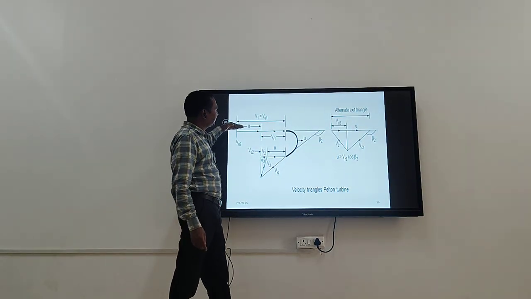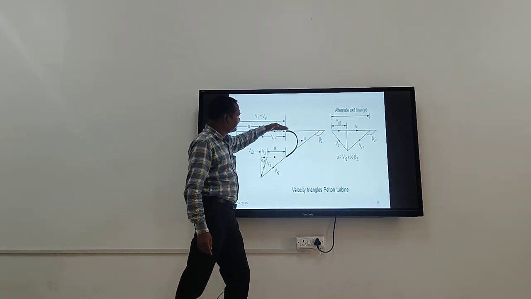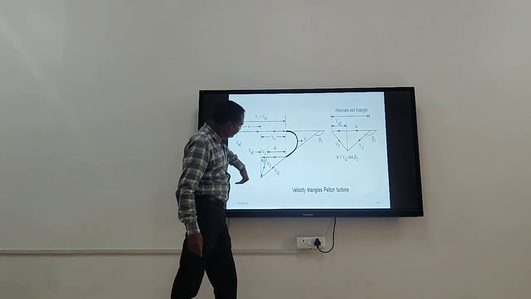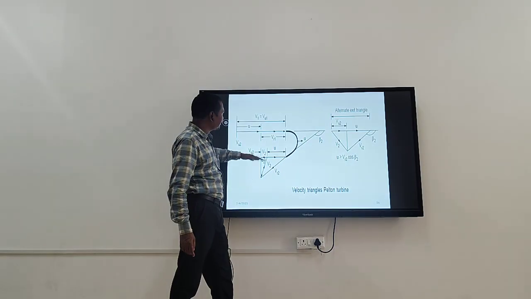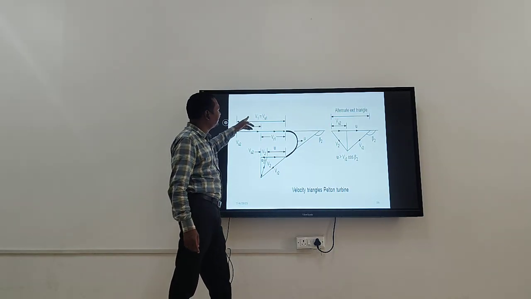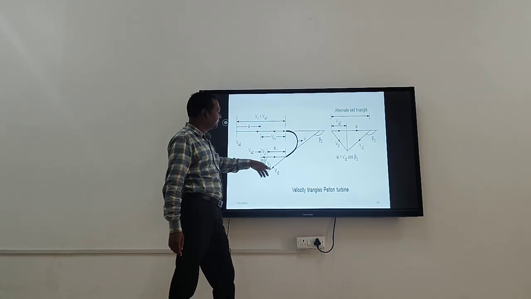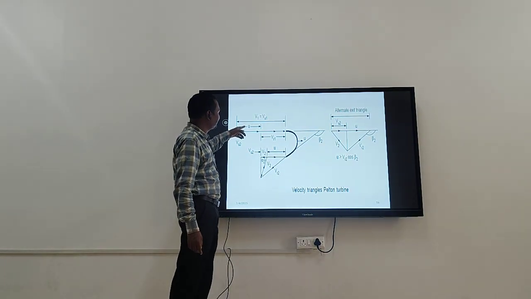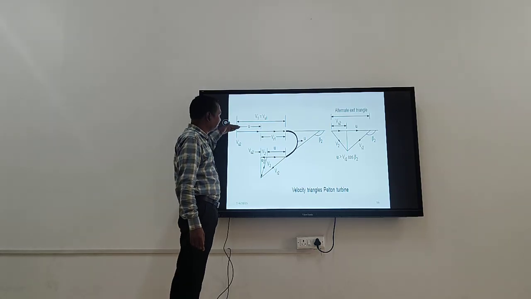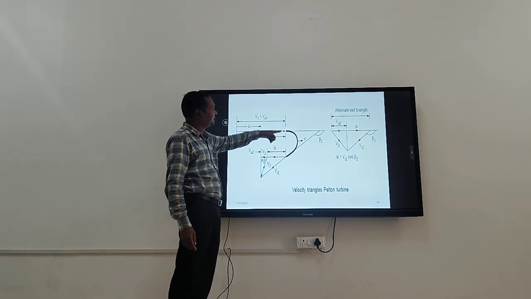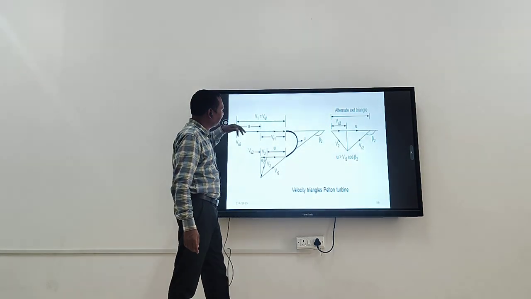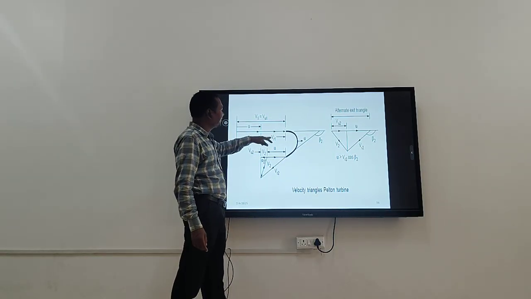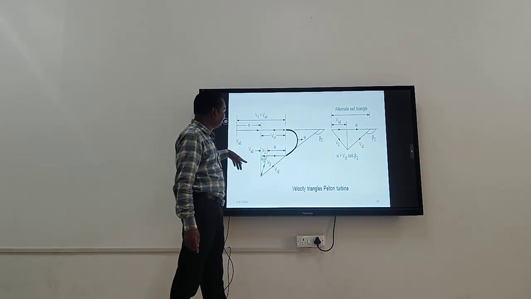So the water or jet is entering to this and is going out from this. So V1, VU1, these are your 1, that means that is your inlet, and 2, that is representing your outlet. So U is your tangential speed, V1 is your velocity of the jet, and VR1 is your relative velocity.